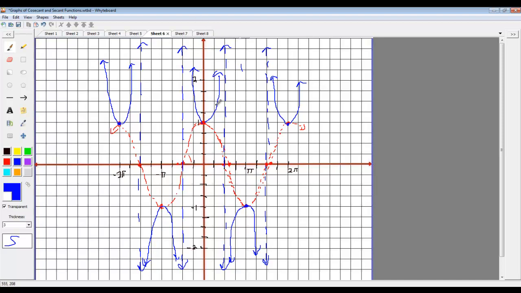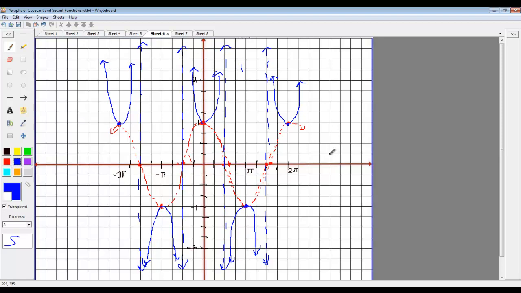Okay, so looking at that, you have a period of 2 pi. Your domain is all the reals except odd multiples of pi over 2, because you leave out negative pi over 2, negative 3 pi over 2, positive pi over 2, positive 3 pi over 2, positive 5 pi over 2, odd multiples of those. So pi over 2 times 1, 3, 5, 7, or times -1, -3, and so forth.